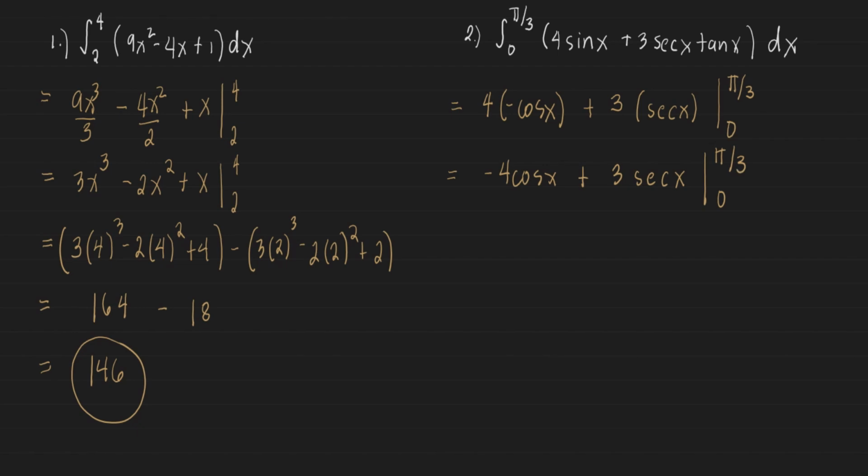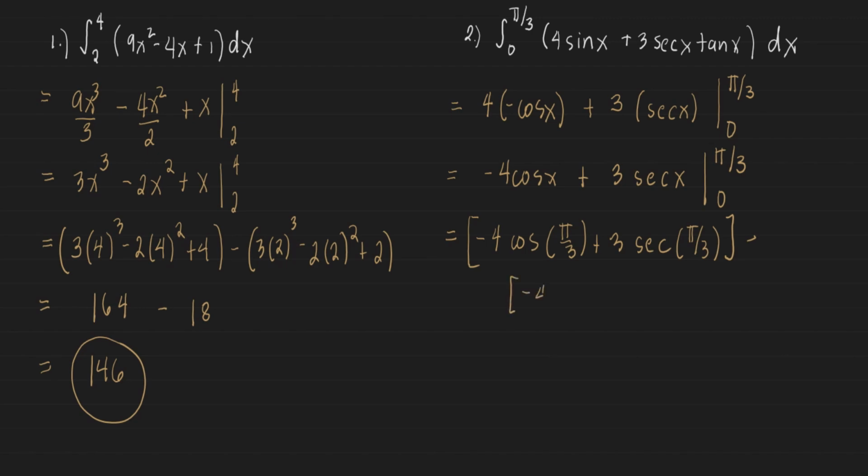So our upper limit of integration is pi over 3. We evaluate the expression first using pi over 3. So we get negative 4 cosine of pi over 3 plus 3 secant of pi over 3. Next, we substitute 0, our lower limit of integration.